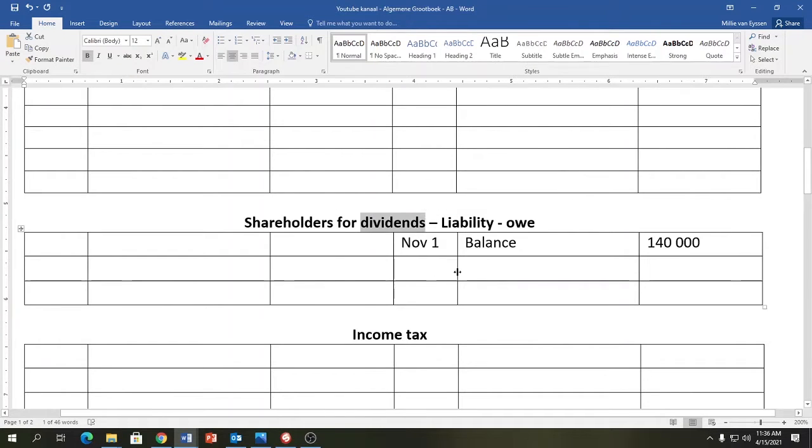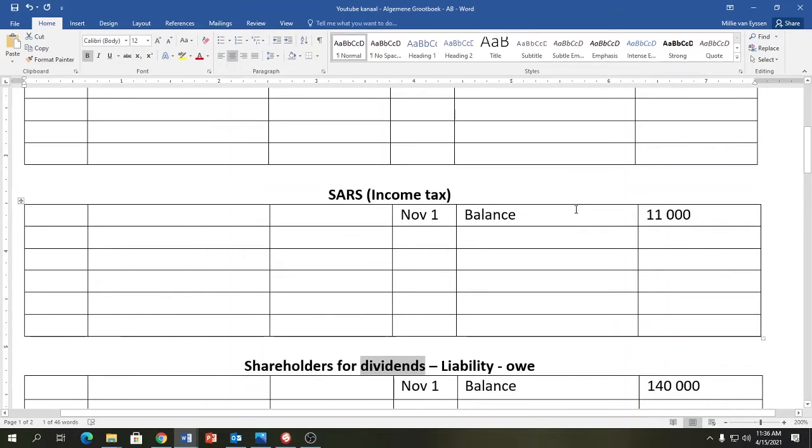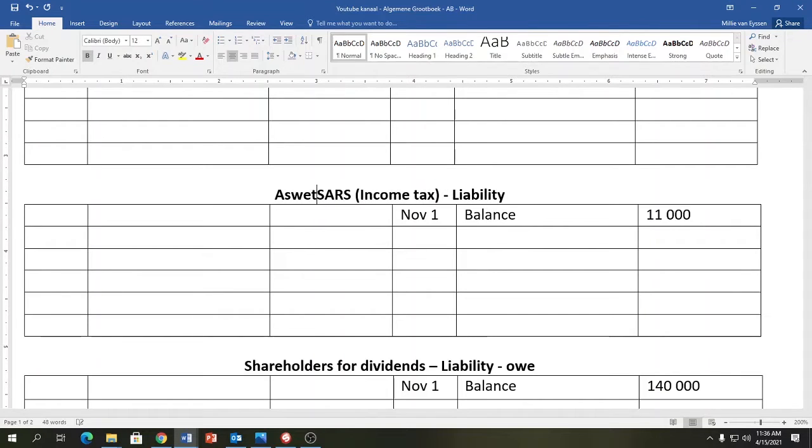Money on dividends. In this case, with SARS income tax, it's also a liability because it's on the credit side. I owe money to SARS. I have not paid enough taxes the previous year. If the balance is on the debit side, it will be an asset, which means I technically paid too much.